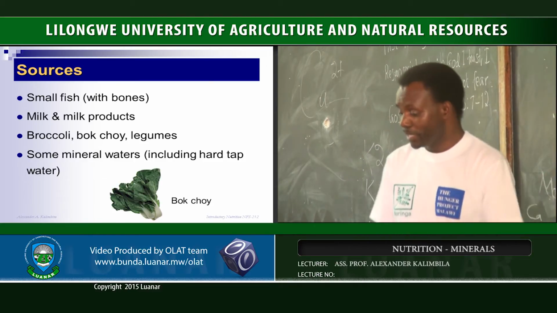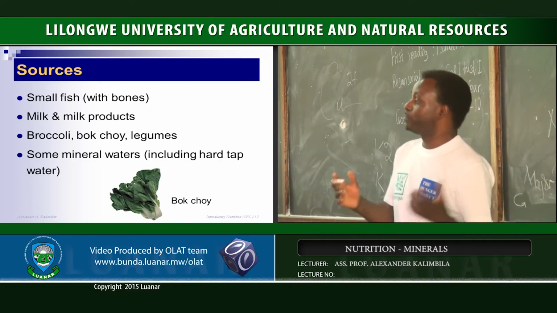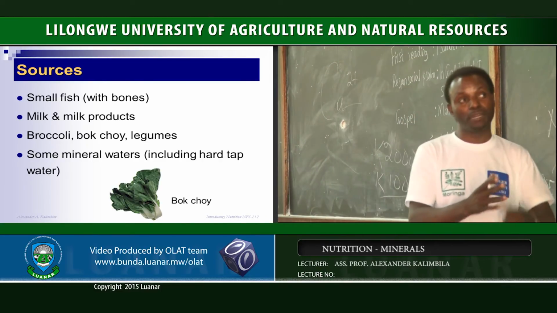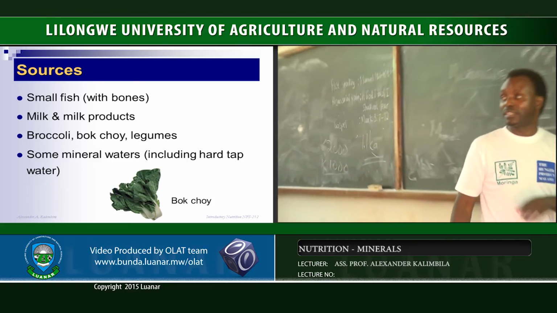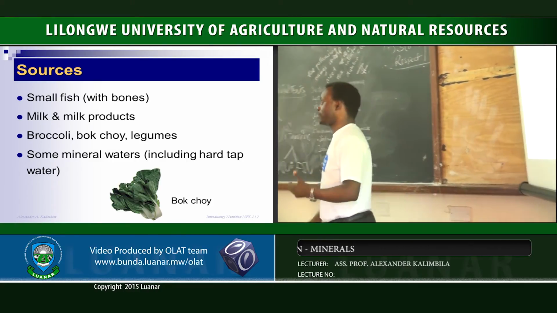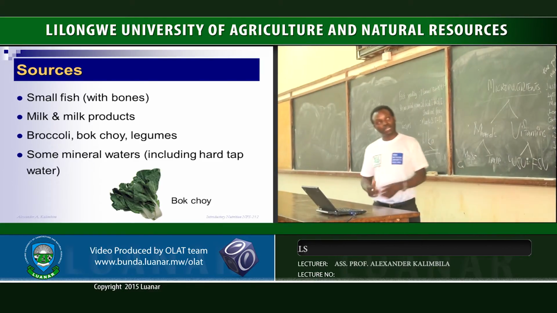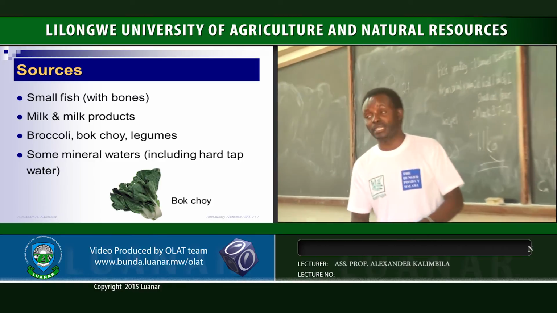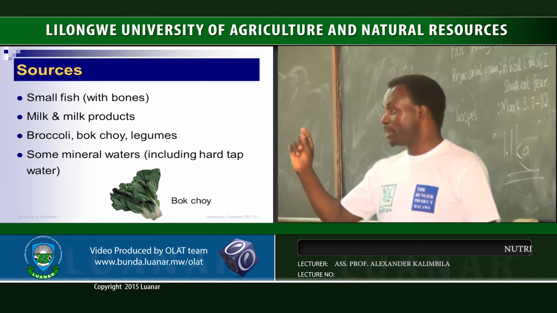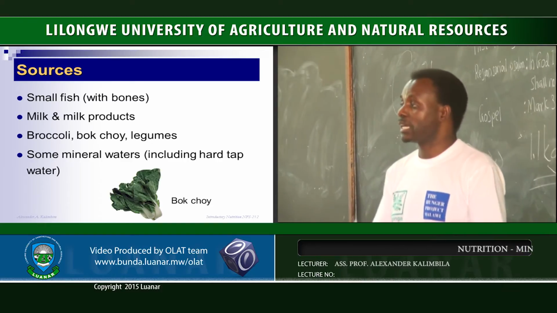Broccoli, in terms of plant-based foods, broccoli and bok choy. What do you call this? That's Chinese cabbage, actually. Legumes also are a good source of calcium. But remember, the challenge with plant-based sources of calcium is what?